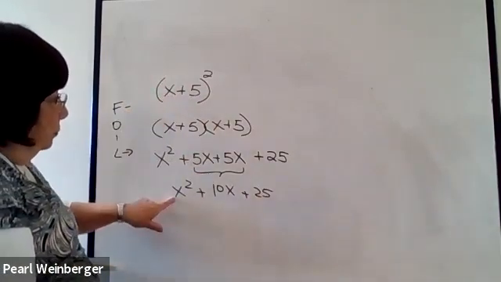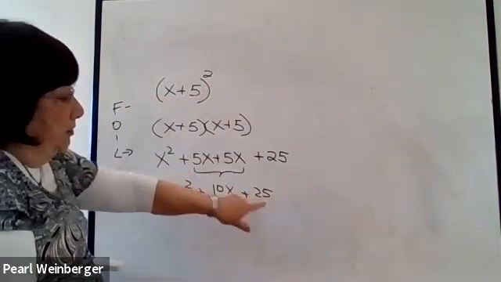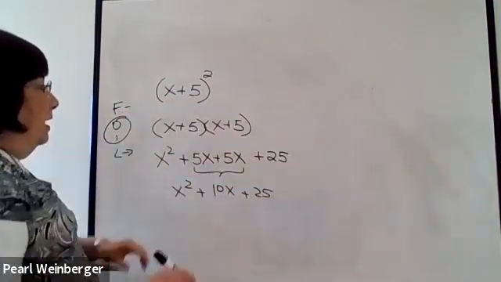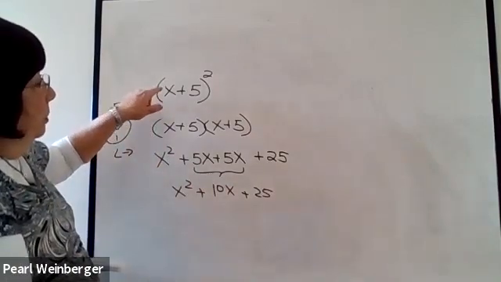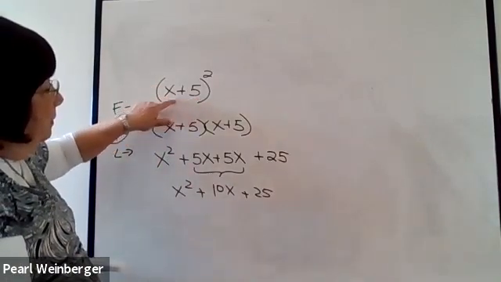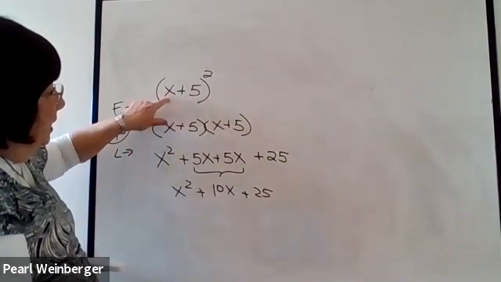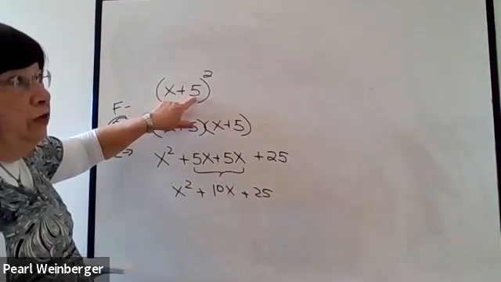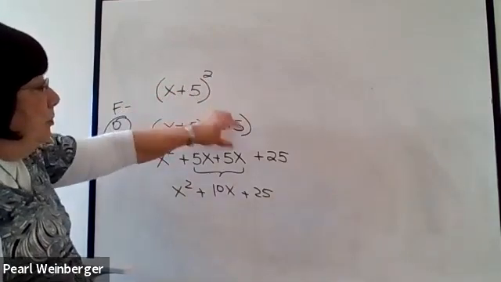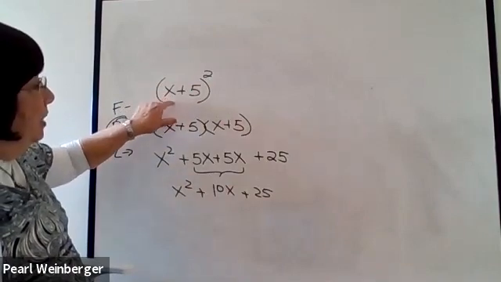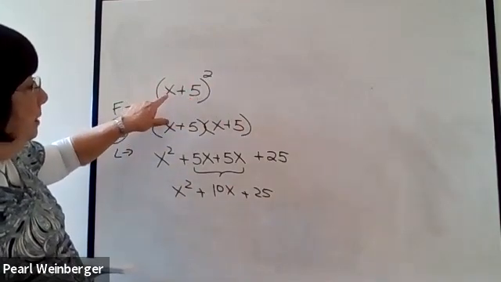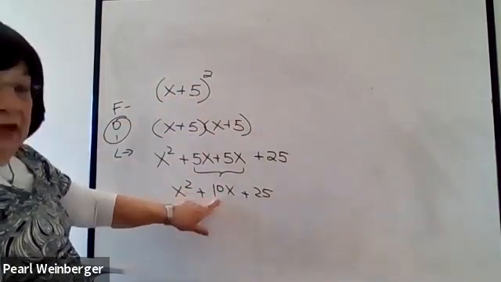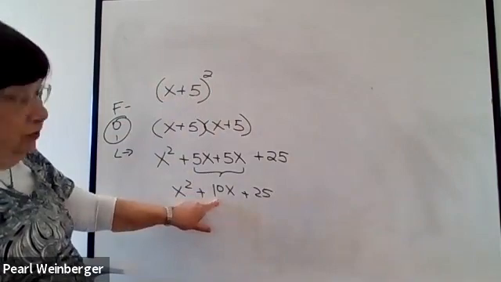X squared is your first, 25 is your last. What about the O and the I, the outer and the inner? Well, if you were just to multiply these two terms together, the x times the 5, you'd get 5x. You would have to double that because for outer and inner, you're getting that 5x twice. So my middle term comes out to be x times 5, which is 5x, doubled, and that's why it's 10x.